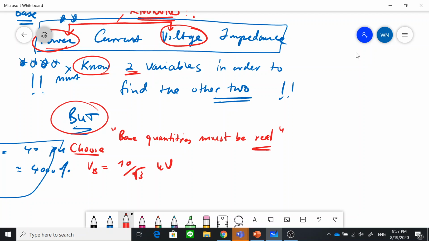Why must it be real? Because if you put your base in as a complex number, then you would change the phase angle. If you put the phase angle into your base, you would change the actual phase angle.